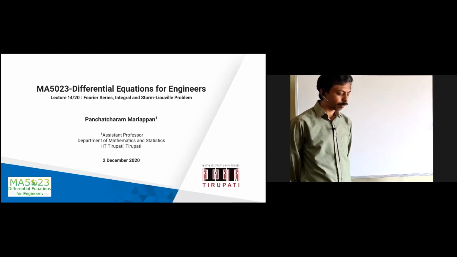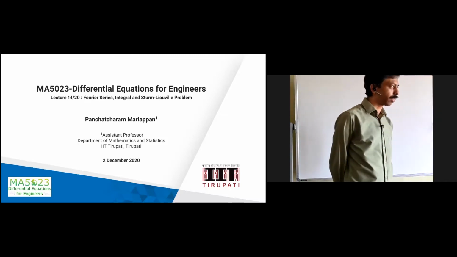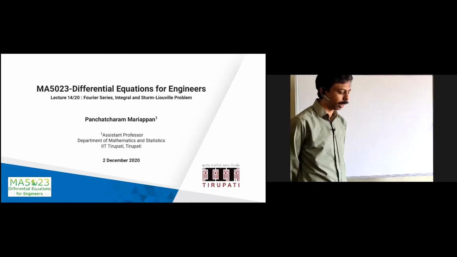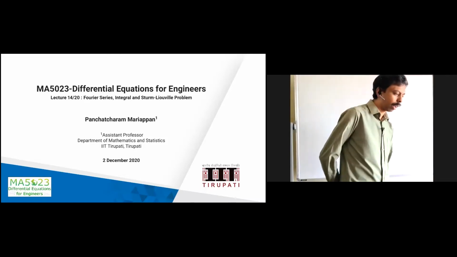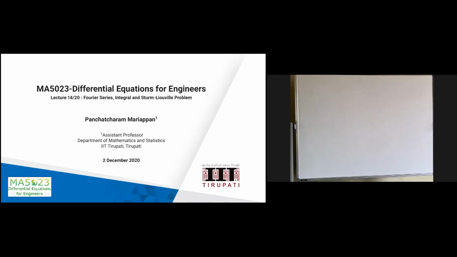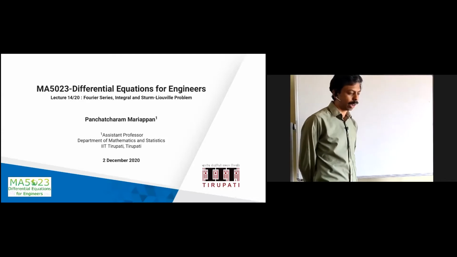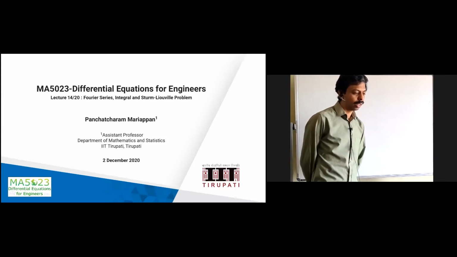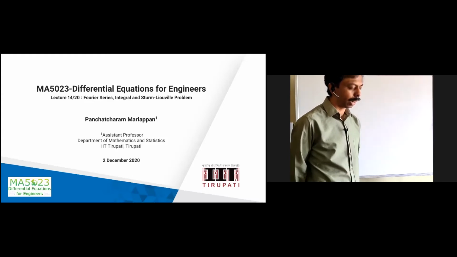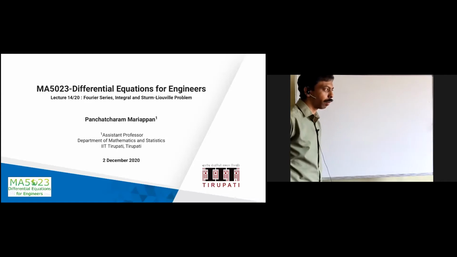Similarly, if you see this Fourier series problem, Fourier was part of, I think, Napoleon's military, where he was contributing to people in the warfare. In the warfare, they got a problem with the cannons. The cannons, the military tank, which they use to attack the opponent or enemy country.